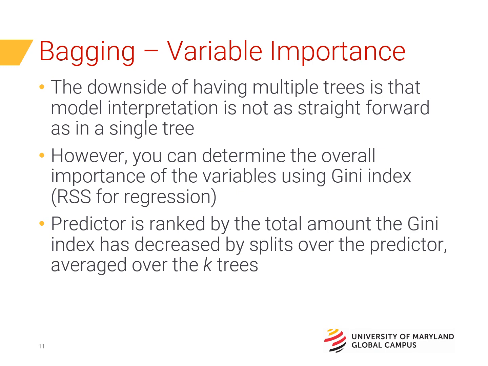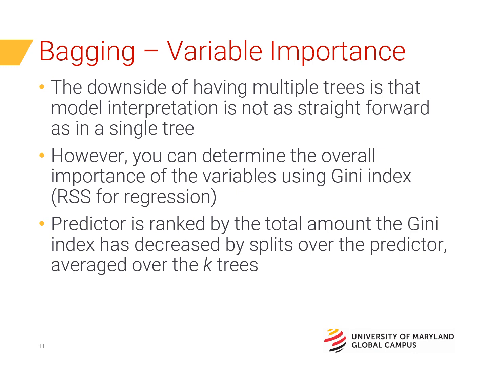It provides a relative ranking of the variables within the bagged model, but does not necessarily imply causality or guarantee that the top-ranked variables are the most important in a broader sense. In conclusion, while bagging introduces complexity in model interpretation due to the presence of multiple trees, the variable importance measure based on the Gini index provides a valuable tool for assessing the overall influence of each predictor in the ensemble model.